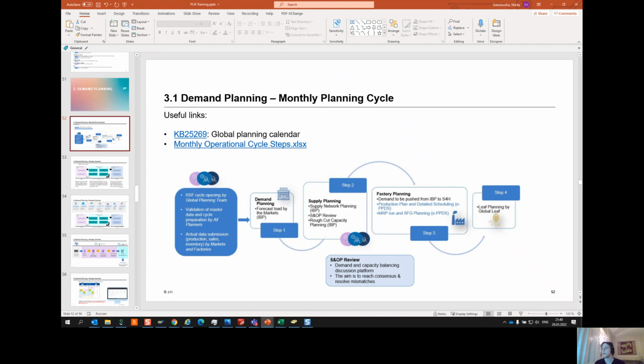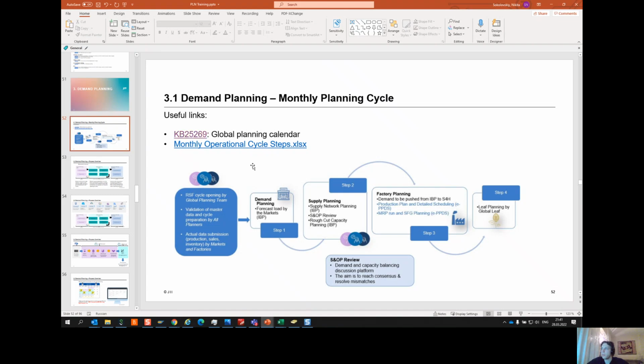So the main time limit for the planning cycle is 1 month, and every month the process of planning repeats itself. You just adjust to the new season, you consider your last months and so on, but every time you start all over again.